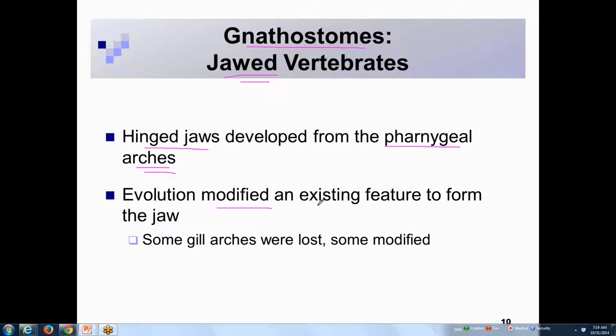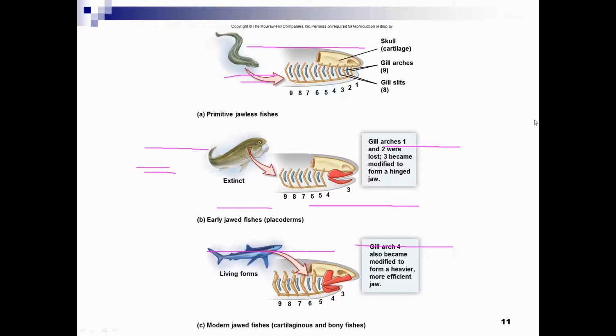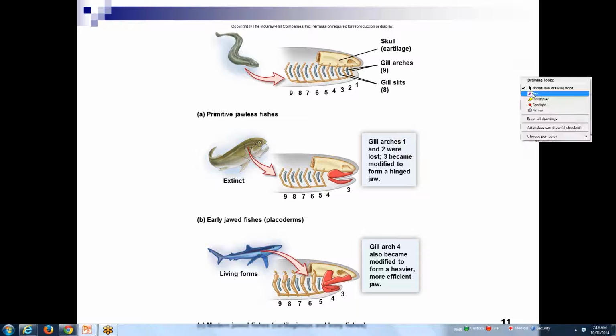Evolution would have modified an existing feature, the arch, to become a very effective weapon, a jaw. Some gill arches were lost, some were modified. Again, I gave you some specifics on that, and there are some great pictures showing you that. You guys go ahead and go into slide 11. We can see exactly what that looked like. So we start out with 9 arches as typical.